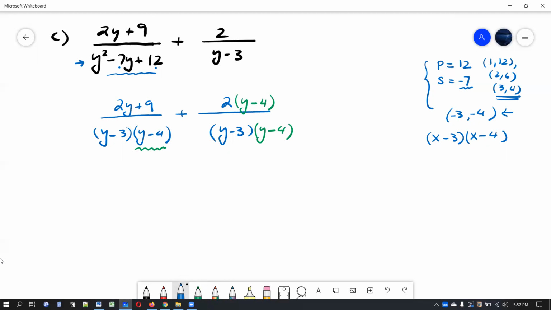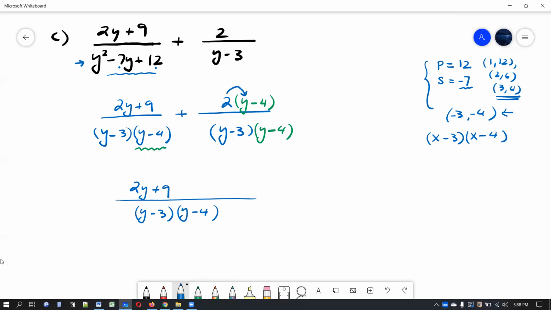Once you have the same identical denominators, you can combine the fractions into one, as I'm doing right here.